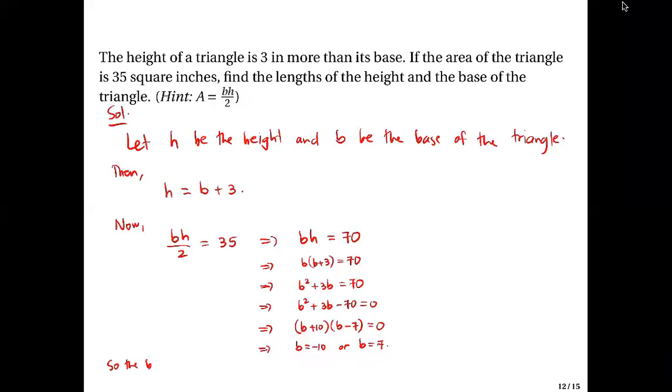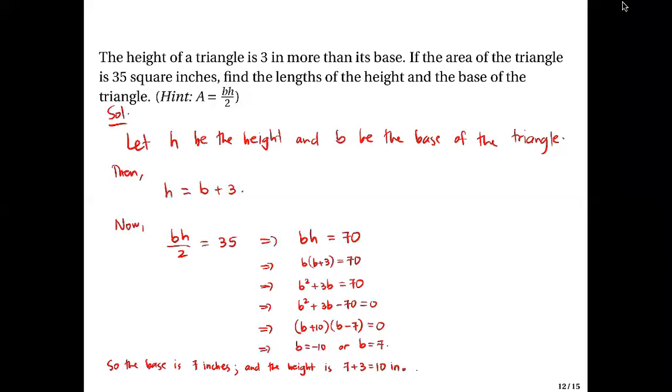So the base is 7 inches and the height, therefore, is 7 plus 3, which is equal to 10 inches.